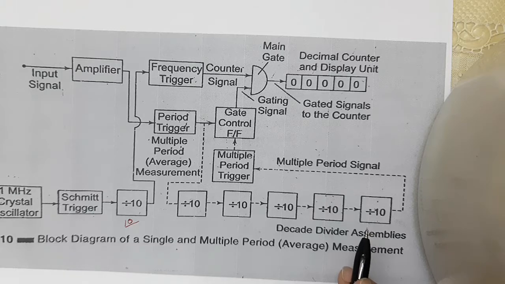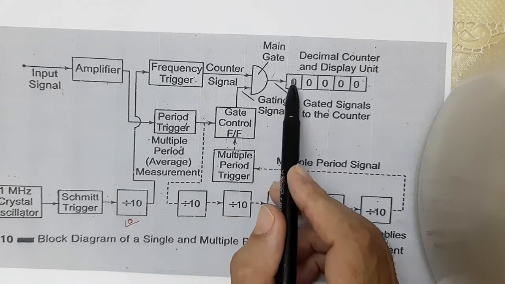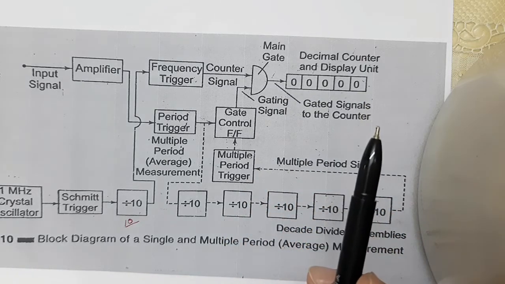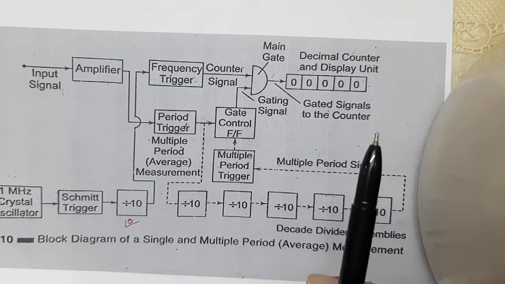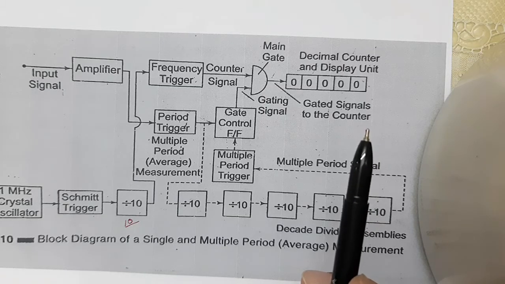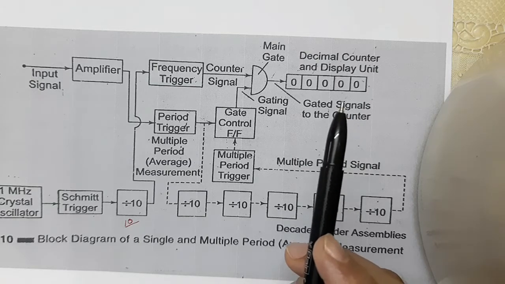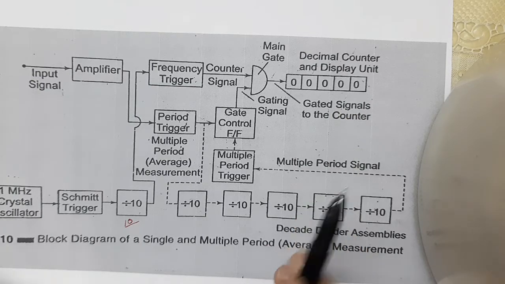The circuit works the same way as we discussed in the last lectures, and when both are 1, we get the display of the unit according to the gated signals to the counter and the frequency triggering circuit. Next one is the ratio and multiple ratio measurement.